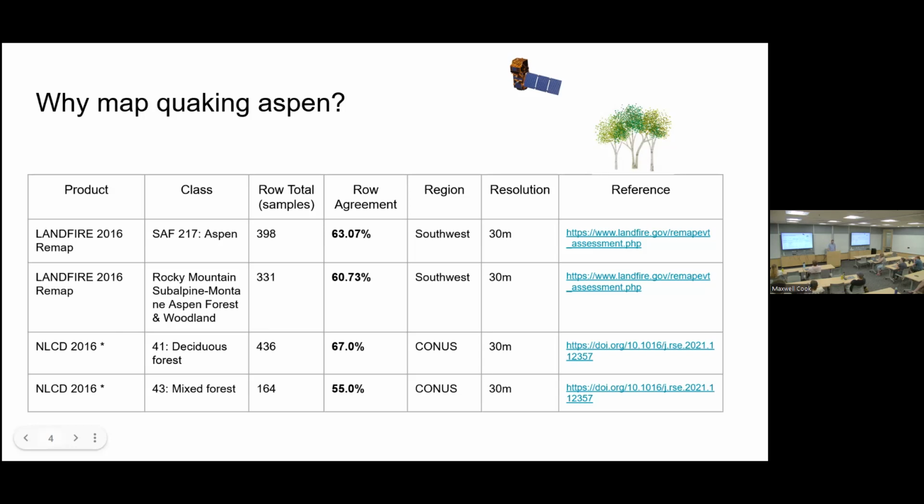One of the important reasons why we need to have this higher resolution is that for managing the species, small areas of aspen cover are important for management because of this adaptation strategy that aspen uses and how it grows through suckering. Being able to identify small stands of aspen and really to delineate where stands currently exist is really important for managing that species when we're talking about expansion of these smaller stands.